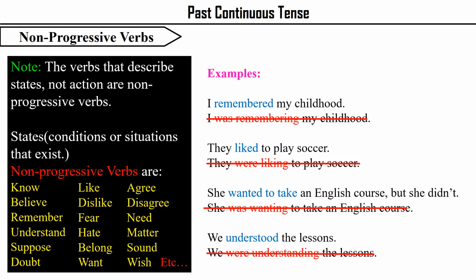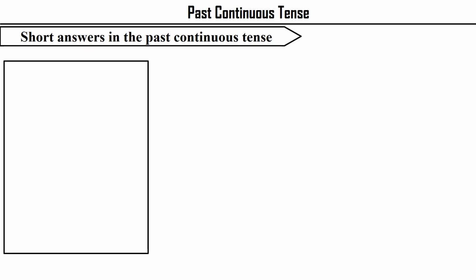Let's move on. Short answers in the past continuous tense. A friend asks you a question. You don't need to answer his or her question using a long sentence or repeating the whole question. For example, he or she asks you, "Were you reading at 10 last night?"